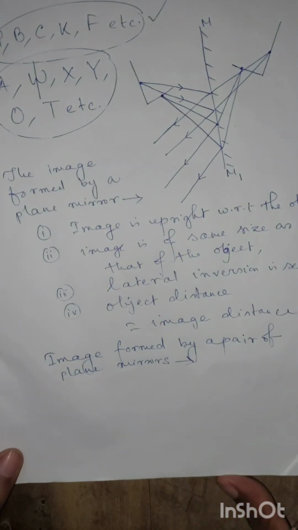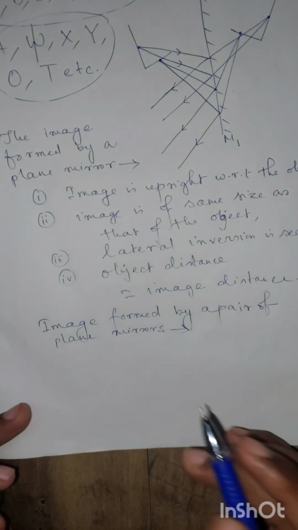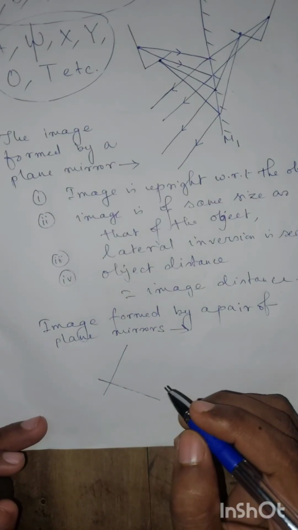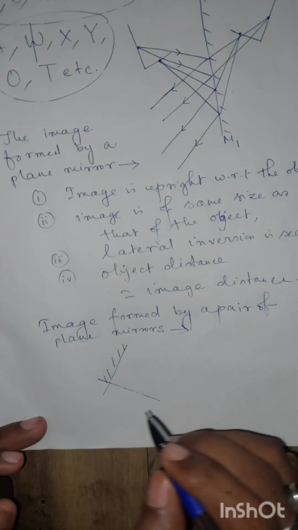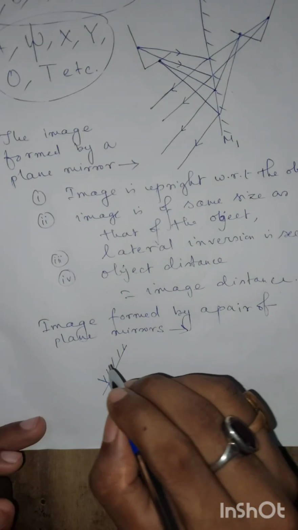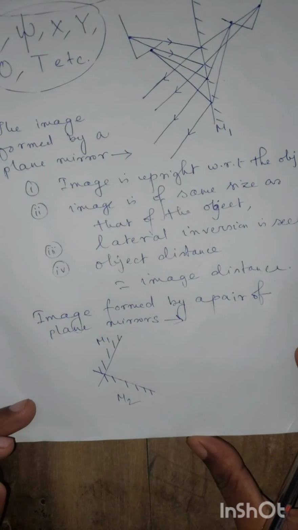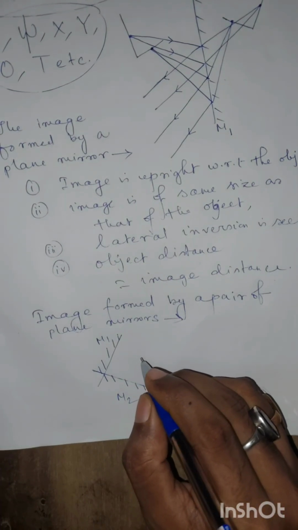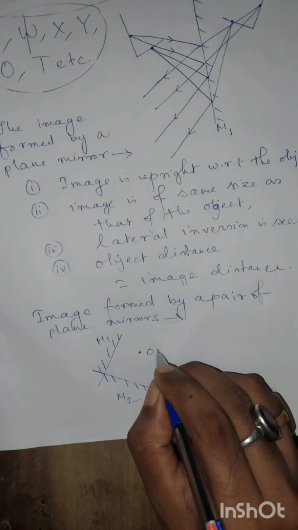Image formed by a pair of plane mirrors. So if we assume these are two plane mirrors, this is our mirror 1, this is our mirror 2. We can place an object in front of the mirror. This is our object.